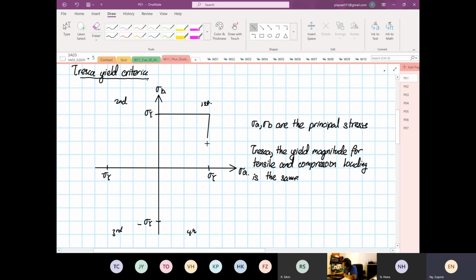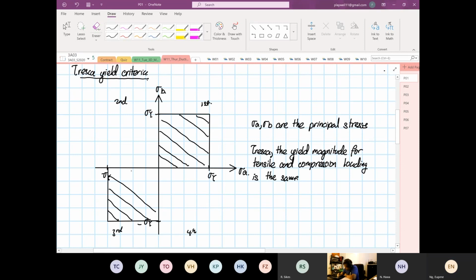He states that if both stresses are positive, as in the first quadrant, they have to be inside the square bracket. In the shaded region, the material will not fail. If both stress A and stress B are in compression, the material shall not fail in this region.